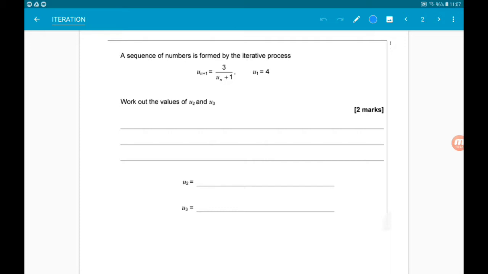So again, we can use our calculators to make this really easy. So put 4 into your calculator, press equals. Now we put in the formula. So wherever there is a un, we press ans. So you then want to put into your calculator 3 over ans add 1.